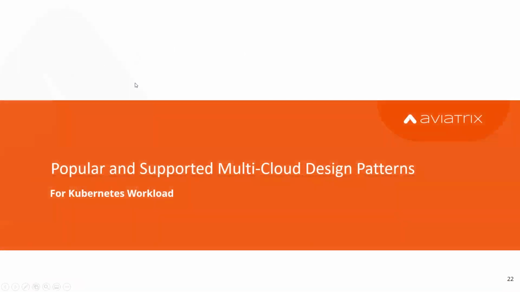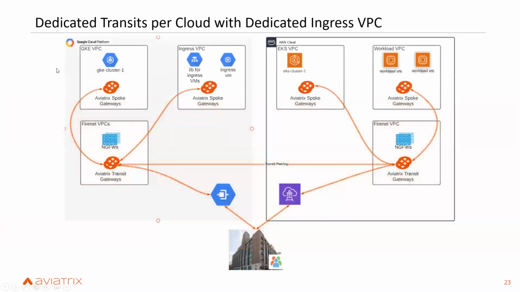And finally, we're going to go into these two supported multi-cloud design patterns with Kubernetes, and highlight what Aviatrix can do for you to solve some of these different architectural challenges. The first one is where you have your dedicated ingress for each cloud. Everything is kind of separated.